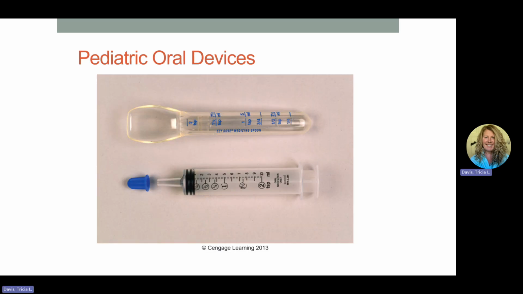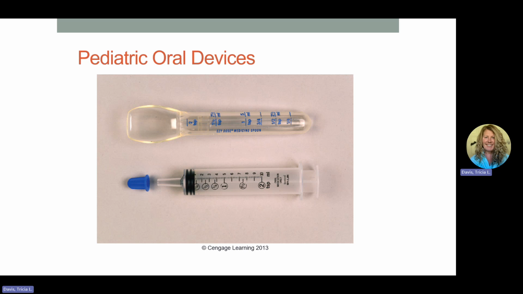Some other devices that we can use to administer oral medications, particularly in our pediatric patient population, is this little syringe that we have there on the bottom. We can draw up a predetermined amount of medication after we solve a dosage problem, and just squirt it into the child's mouth or put it into perhaps another type of a dropper or a medicine cup.